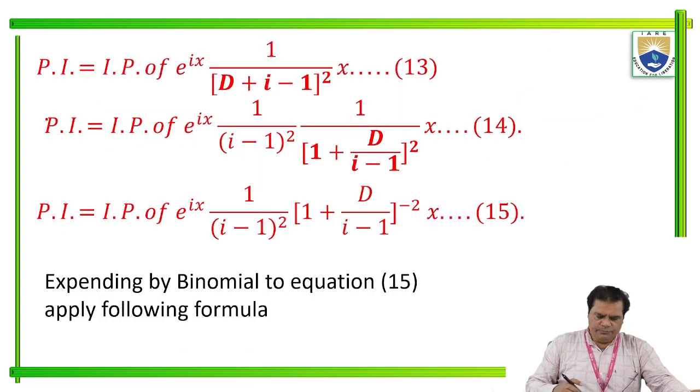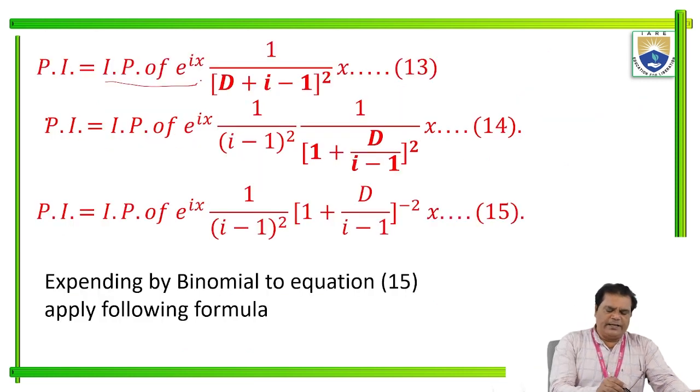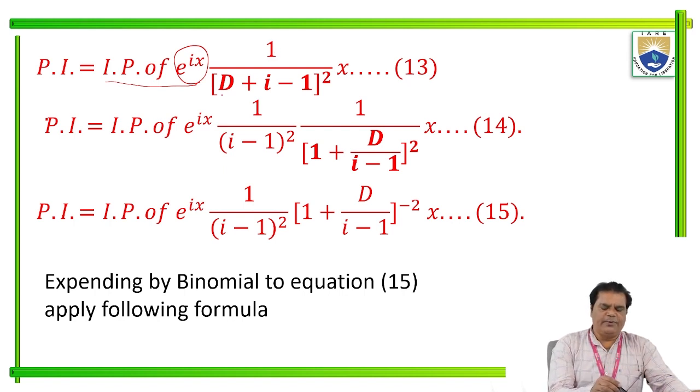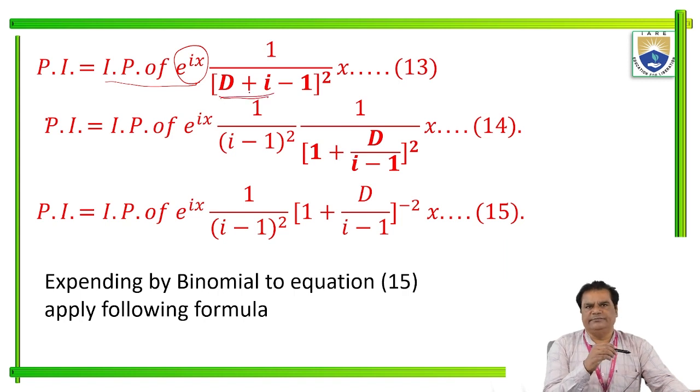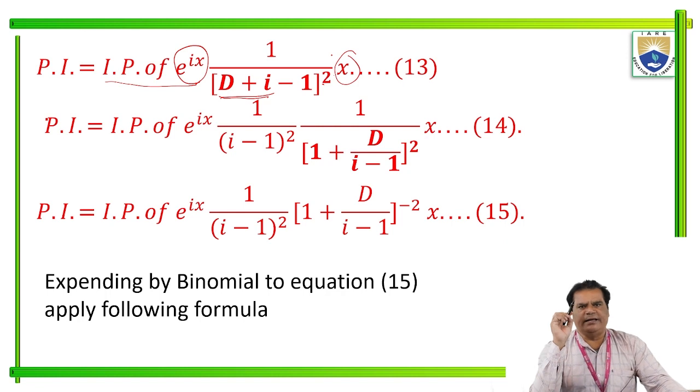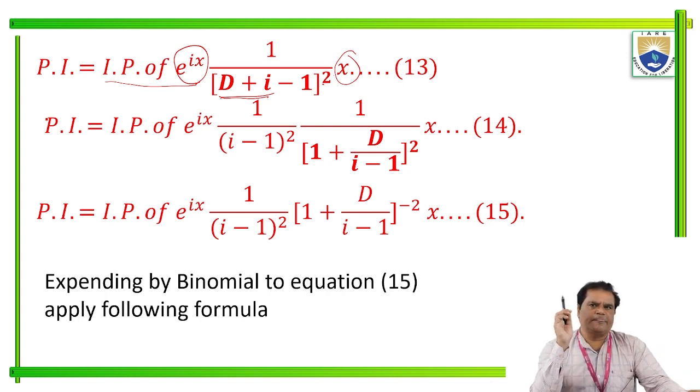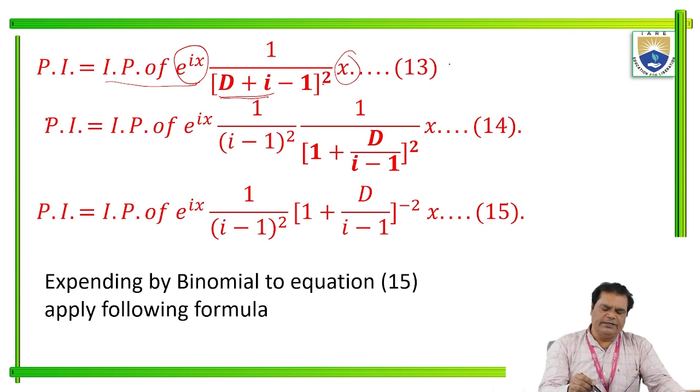So now the imaginary part of e to the power ix goes to the left side of the particular integral, multiplied by 1 upon (D plus i minus 1) whole square into x. There is only a single variable, x. The exponential function goes to the left side. This is equation 14. Now, in the imaginary part of e to the power ix, we make a binomial.